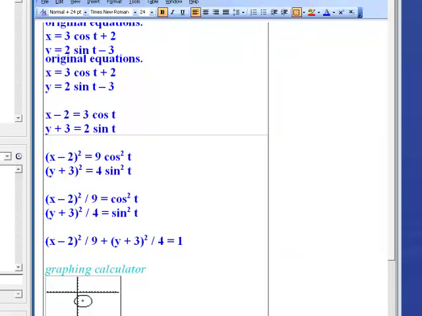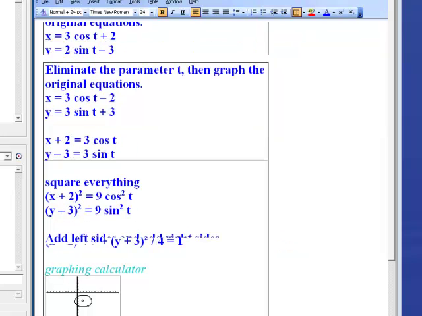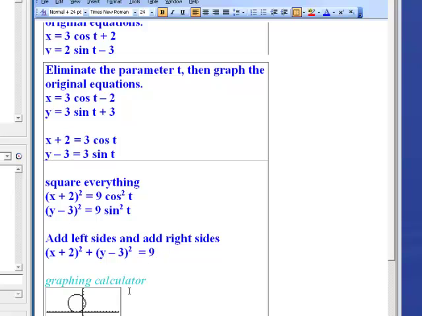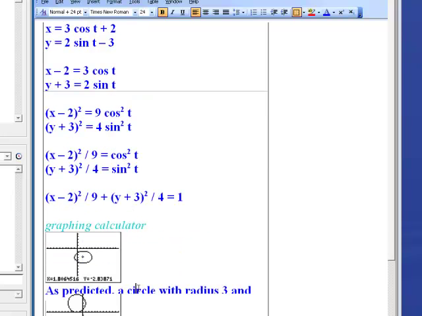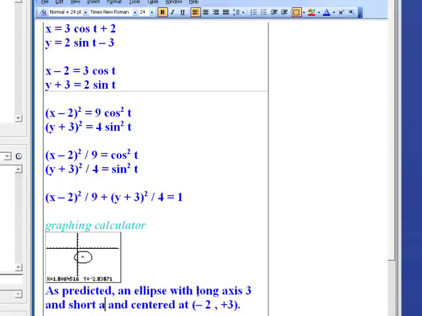And here, let's see what I had said before. As predicted, an ellipse with long axis 3 and short axis 2, and centered at, what was that here?